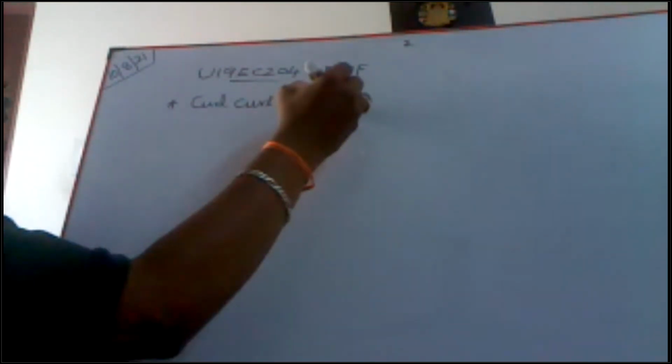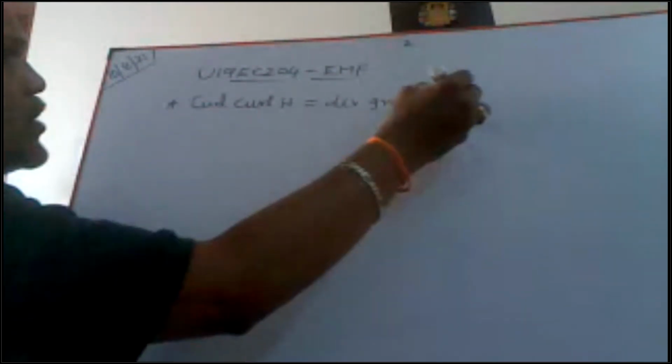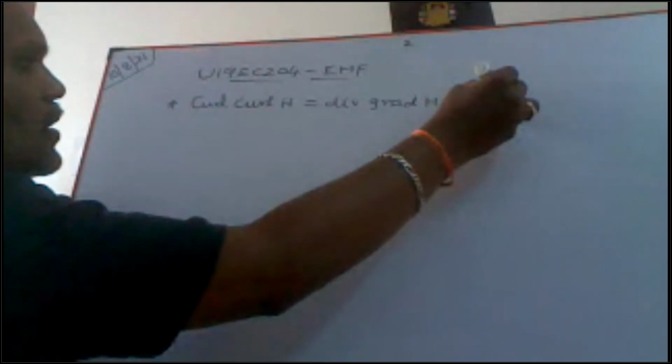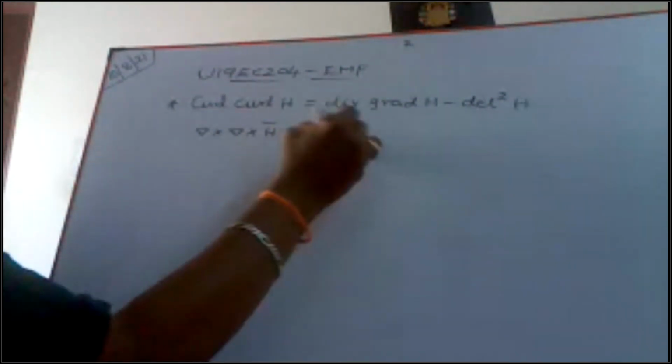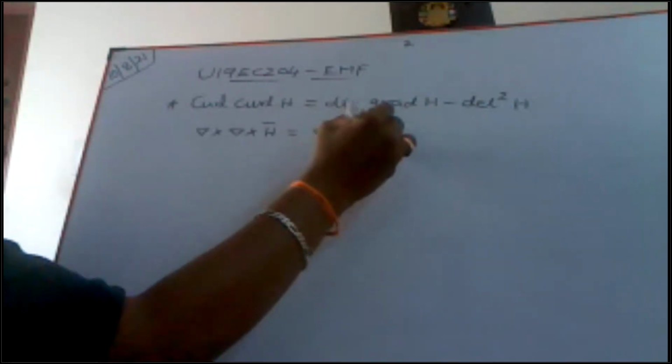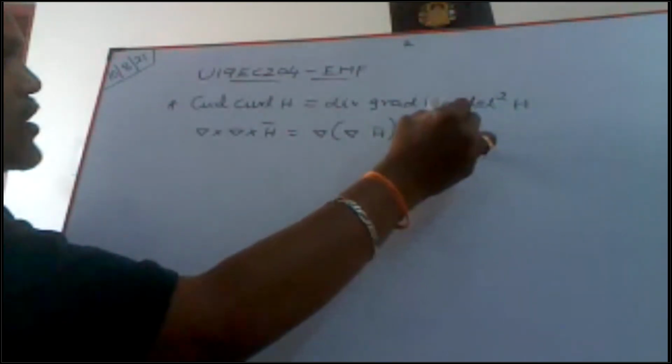Can anyone tell what that identity is? Curl H is equal to divergence of grad H minus del square H. I can write del cross H vector is equal to del of del dot H vector minus del square H. Am I right?